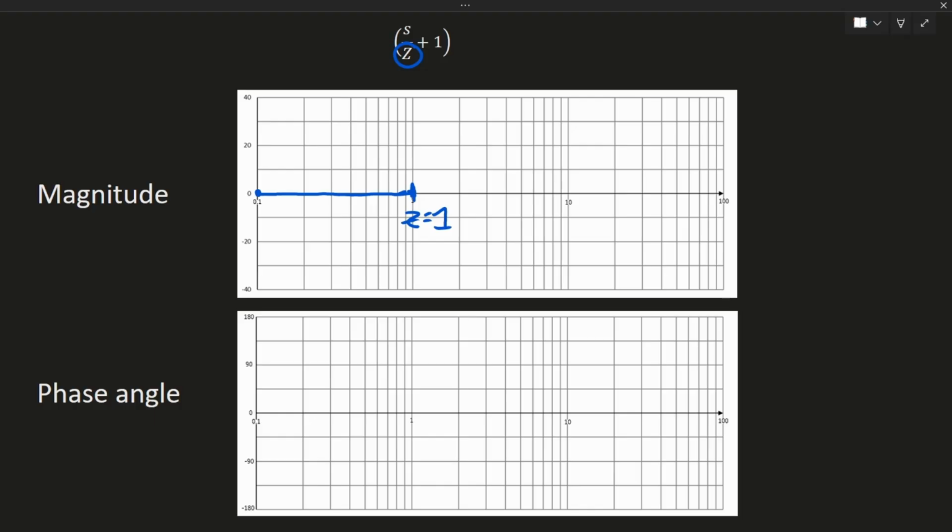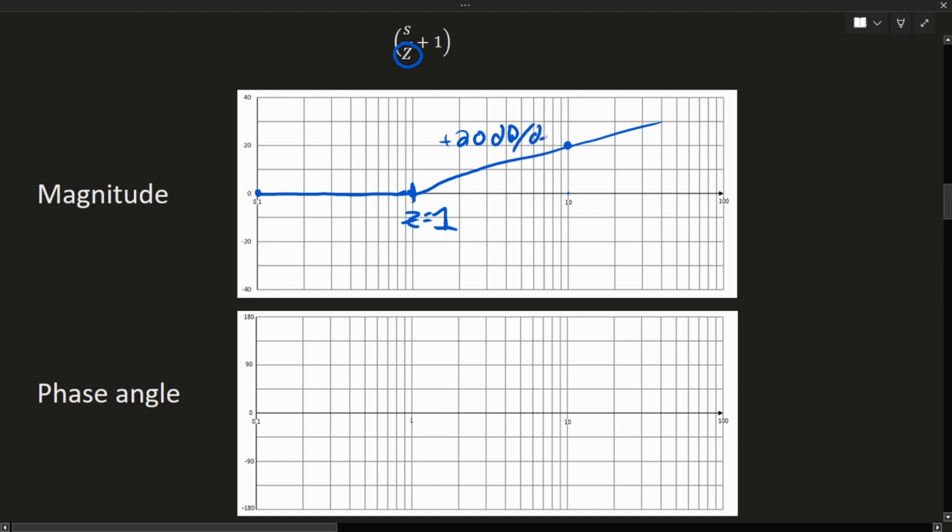It means 10 times the frequency. This x-axis is the frequency. An easy way for me to remember is I take the z and I do times 10. So here would be 10 over here. And by the time the frequency is 10, it would have increased to 20. And then you just draw a straight line, plus 20 dB per decade.